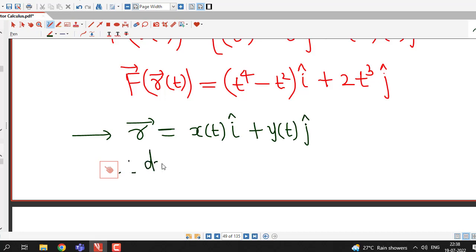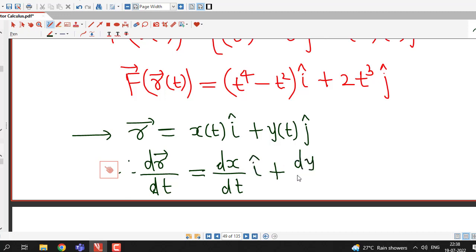Therefore dr bar by dt will be equal to the derivative of x with respect to t times i plus the derivative of y with respect to t times j.